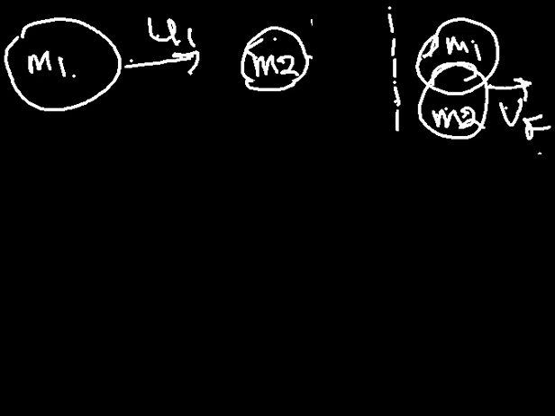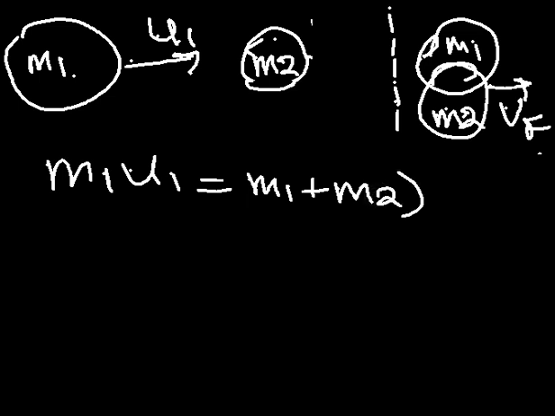Now if one object is at rest, it means we only have the initial momentum before collision given as m1 u1, and this is equal to m1 plus m2 times the final velocity.